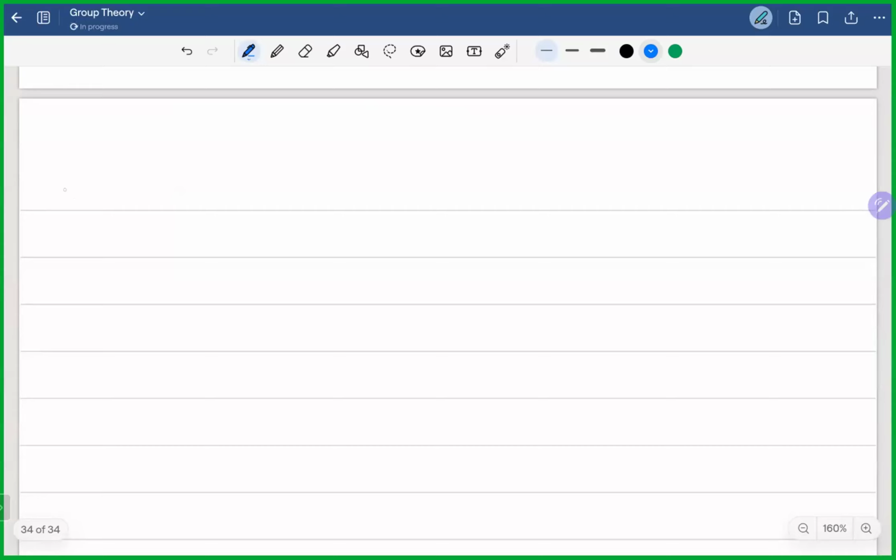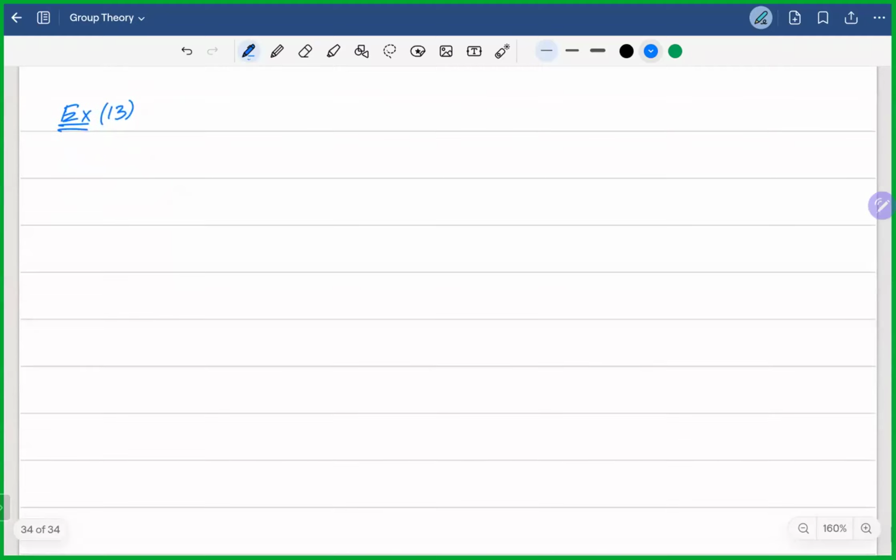So, example 13 says that in Z20, the set generated by 8 and 14 is nothing but 0, 2, 4, up to 18.